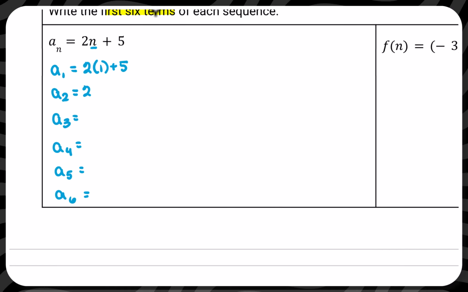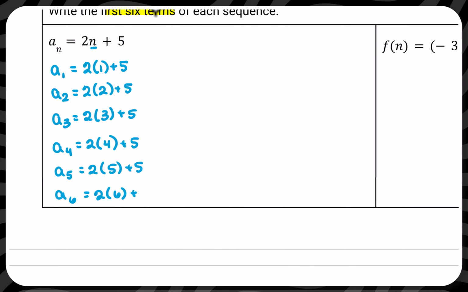Now I'm just going to continue on this pattern, plugging in the number for each position of the sequence. Okay, if you're really good at mental math, you can go ahead and do these in your head, or you can just use your calculator.